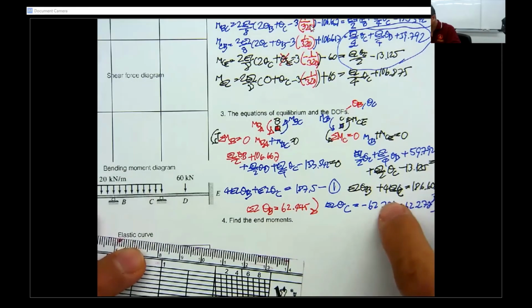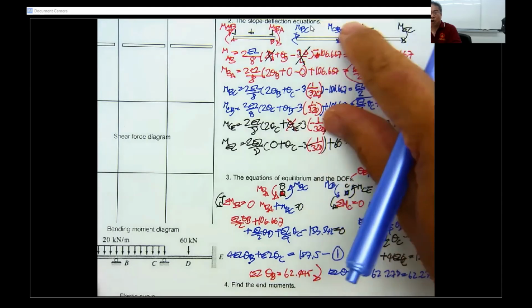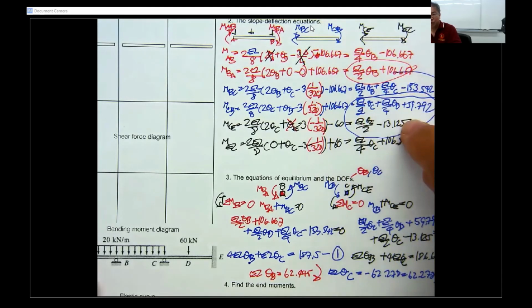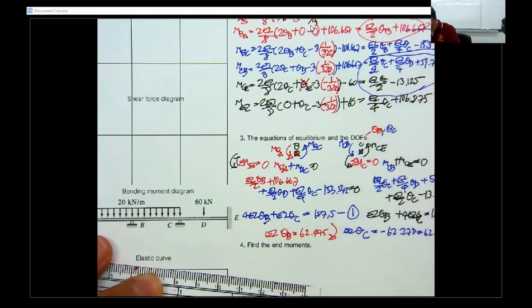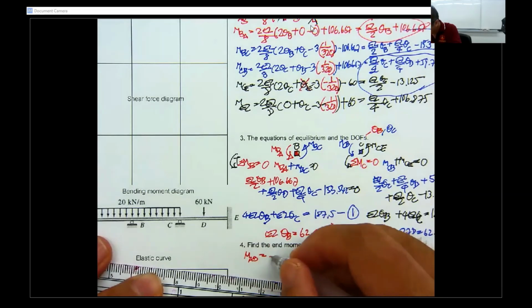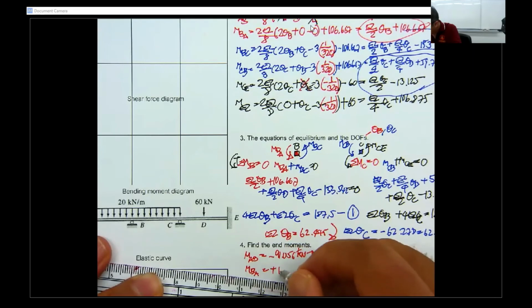Now you have to put this one back into this whole equation that you have, and then you get the end moments. Let me say you get the end moment M sub AB equal to minus 91.056 kilonewton meter, and M sub BA is going to be 137.89 kilonewton meter.